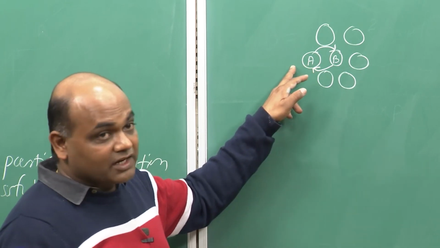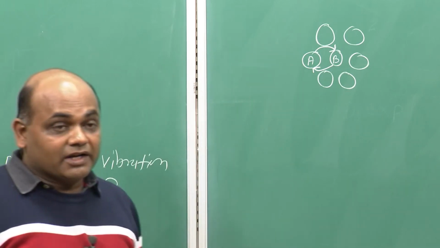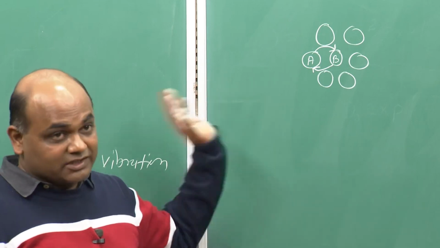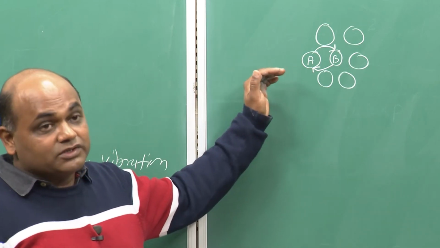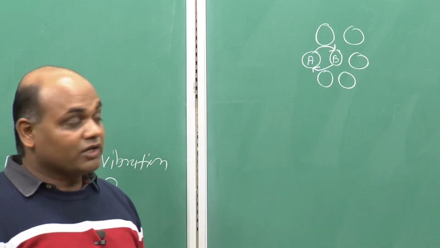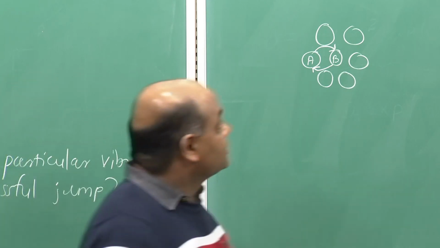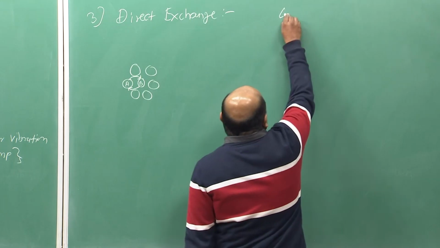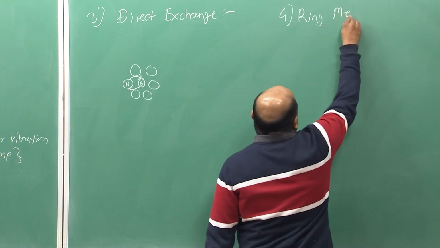So, this rarely occurs. Even if jumps of atoms take place by the direct exchange mechanism, their net contribution to the diffusivity will be very low, because the activation energy would be very large. Another mechanism is referred to as the ring mechanism.